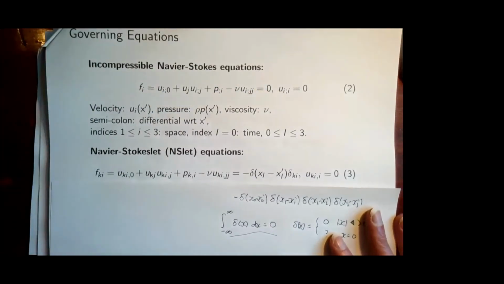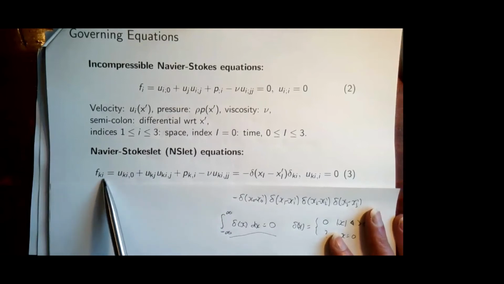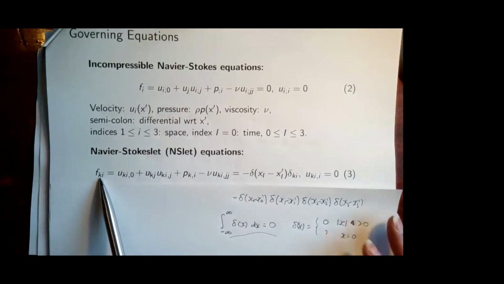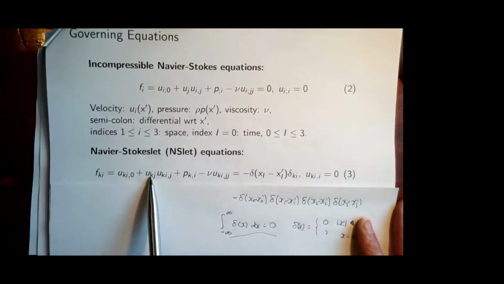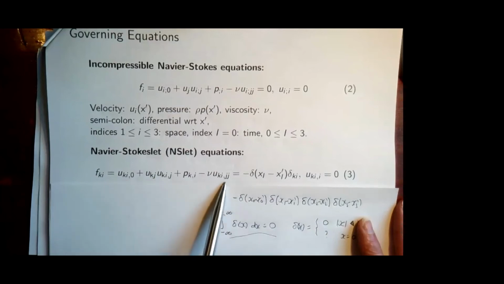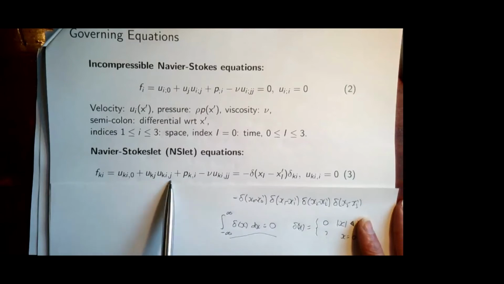But here, this Navier-Stokes equation is for the k different Navier-Stokeslets: k equals 1 being the drag Navier-Stokeslet, k equals 2 the lift, and so on. So the k isn't summed over, because k refers to which particular Navier-Stokeslet it is. So we've got to be careful. For example, in this equation, that k and that k refer to a particular Navier-Stokeslet and aren't summed over, whereas that j and that j are summed over.